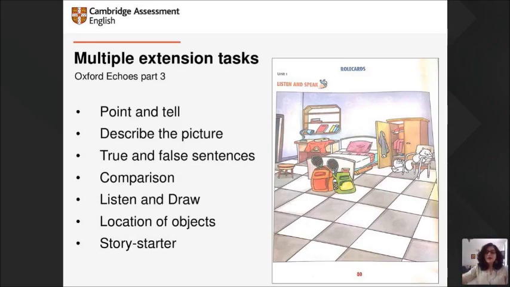Then you can also have a location of objects focus, which focuses exclusively on prepositions of place, right? And besides this, you can also have fluency based exercises, which are part of the speaking tasks at the movers and the flyers level, where the candidate is expected to look at scene cards, story cards, and they have to narrate a story.